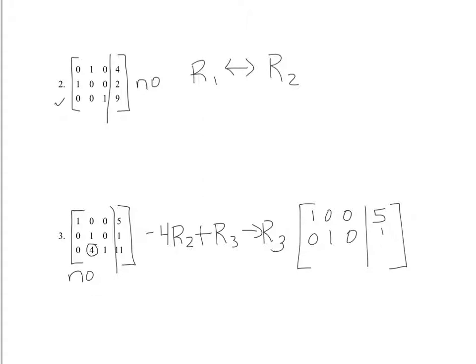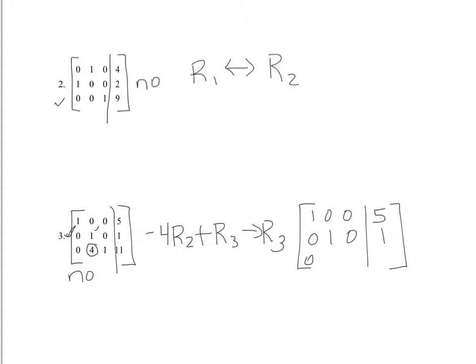But for my third row, if I multiply row 2 times -4 and then add it to row 3, -4 times 0 is 0. 0 plus 0 is 0. -4 times 1, and we're working here with row 2, -4 times 1 is a -4.